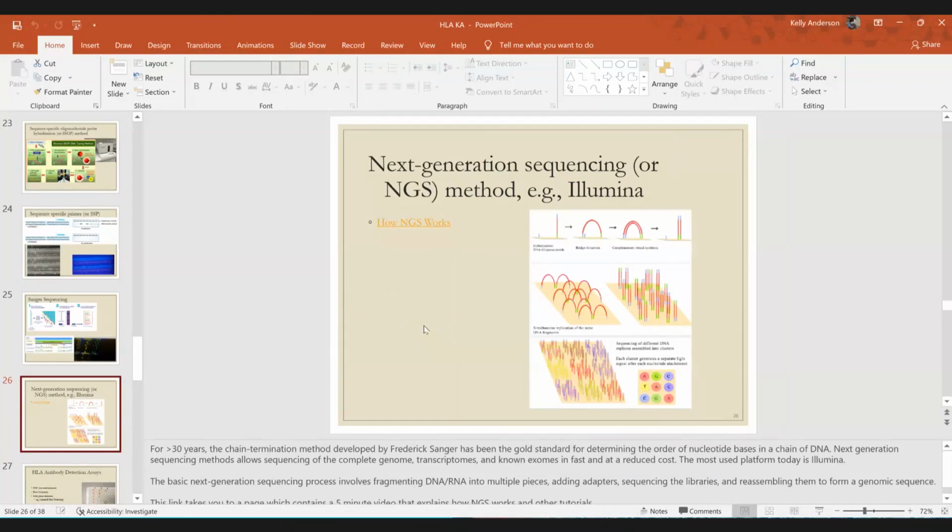With next generation sequencing, you can do a lot more samples at a time. So it depends on what you're doing this for. If you're doing a lot of patients or if your workload is very high, then next generation might be better for your lab. If you have a low volume of patients, then SSO or Sanger sequencing might be a better choice for your lab.